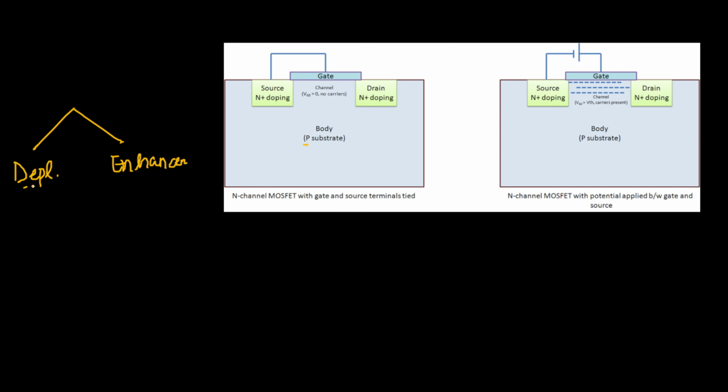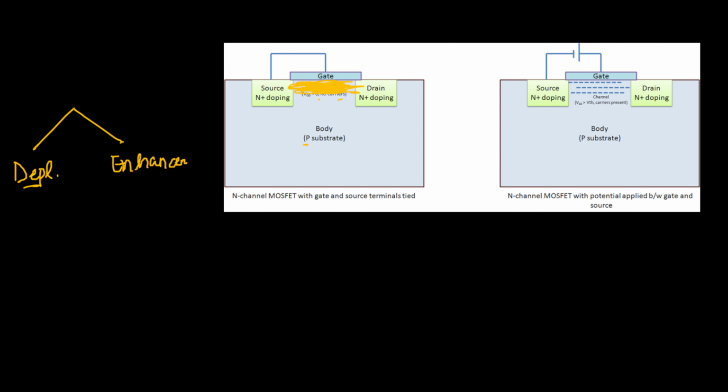So what happens in a depletion type is that this channel here is actually already made, right? So what is a channel? The channel is basically a sea of electrons that allows majority charge carriers to flow from the source to drain.